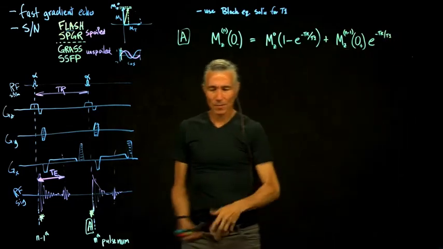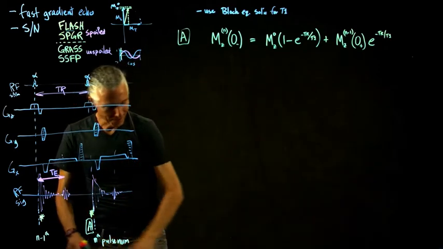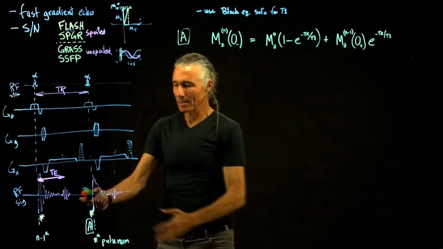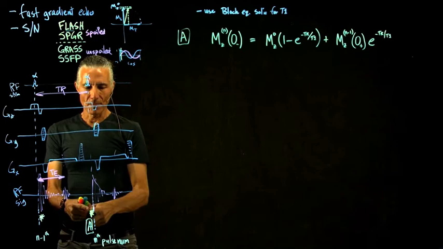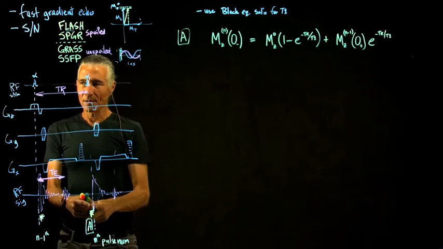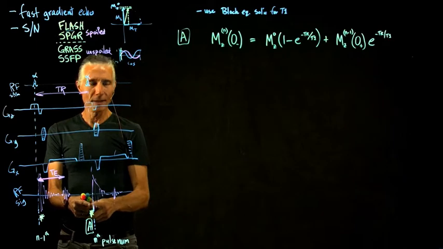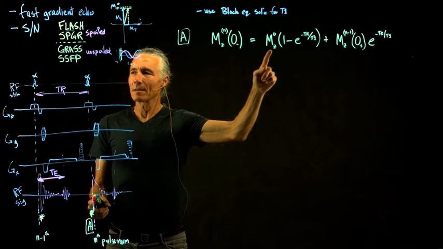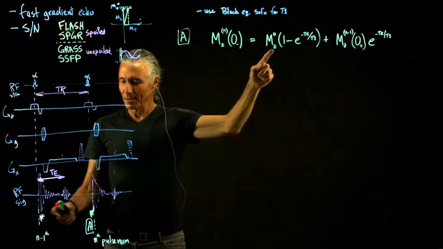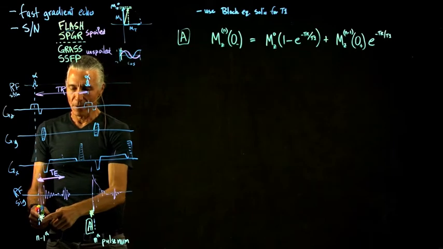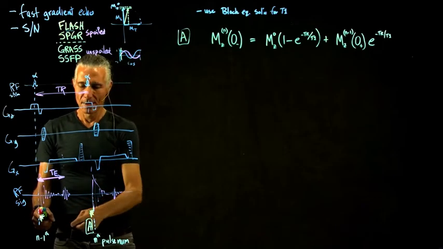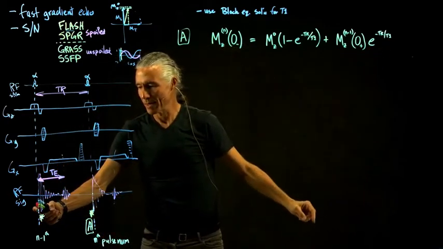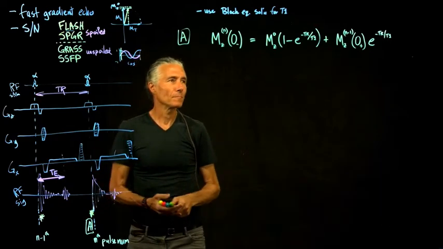It takes 5 minutes to write out one Bloch equation. It's just the solution to the Bloch equation applied to this pulse. The amount of longitudinal that will have regrown here always starts from the equilibrium magnetization, plus whatever we started with decayed, by however much time between here and here.